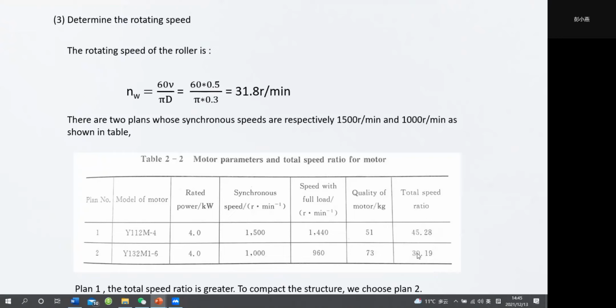So we choose plan 2, because if we choose plan 1, the speed ratio is too large.